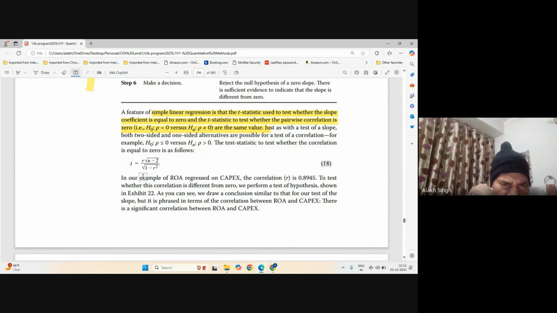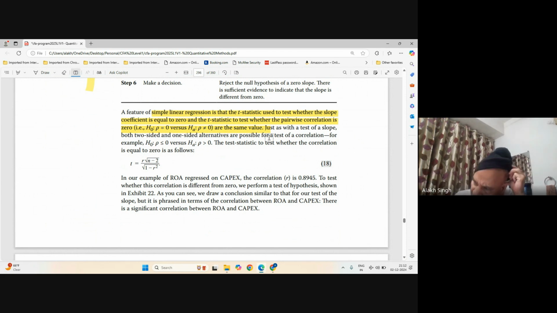And the T is being tested for correlation. A feature of simple linear regression is that the T statistic used to test whether the slope coefficient is equal to zero and the T statistic to test whether the pairwise correlation is zero, rho equal to zero, are the same. Yeah, that we had seen since it was only one.